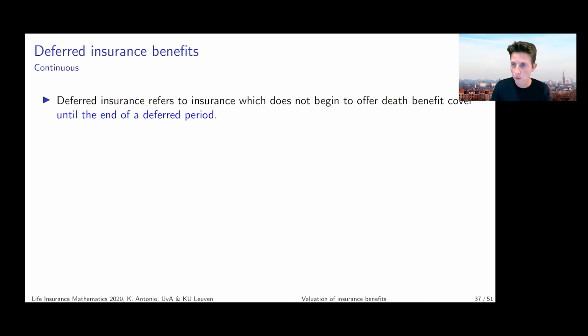It's like what we discussed when we were talking about deferred mortality probabilities. That means that we let our period not immediately start, but we offer the death benefit starting from the end of a certain deferred period on, right?